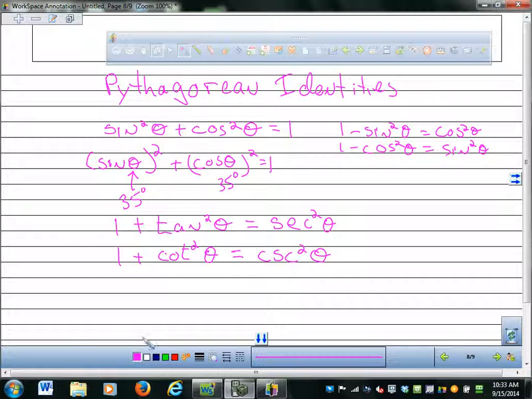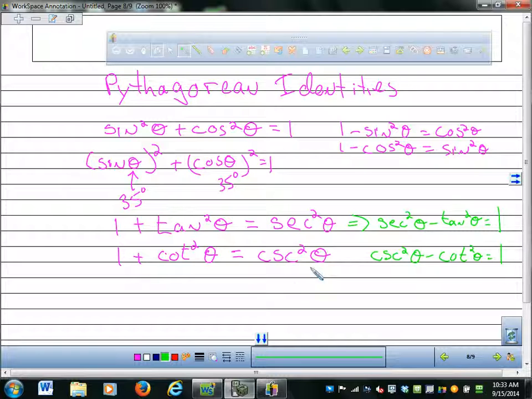Okay? So that is another one, and these are sometimes rewritten. If I know that this is true, then I could rewrite this as secant squared theta minus tangent squared theta would be equal to what? 1. Okay, good. And likewise, cosecant squared theta minus cotangent squared theta is equal to 1.